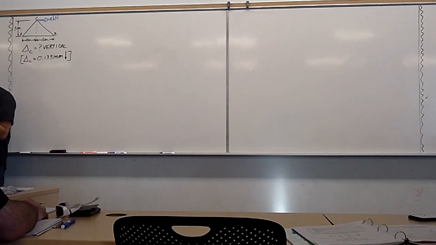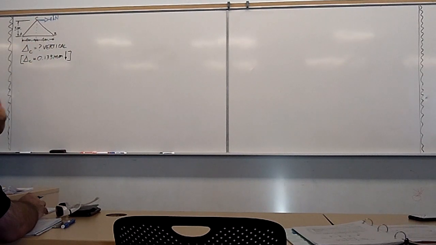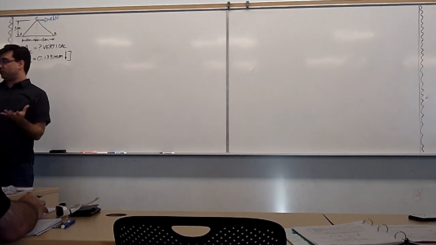Then steps 2 and 3 were to essentially repeat that again, but only with one load, a load of 1 at the location where you want the deflection. So basically repeat the whole thing, but without the real loads, you put this virtual load of 1 at the location where you want the deflection.